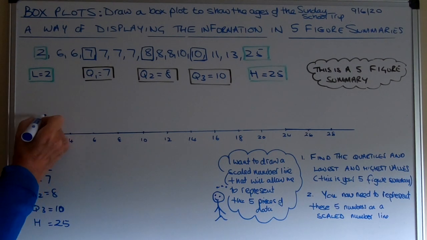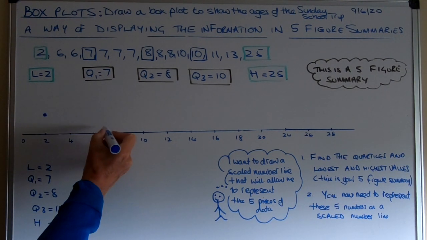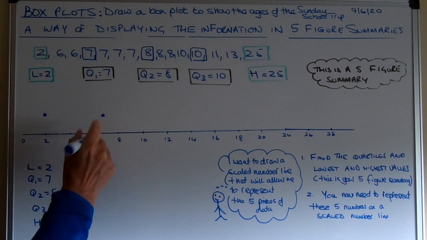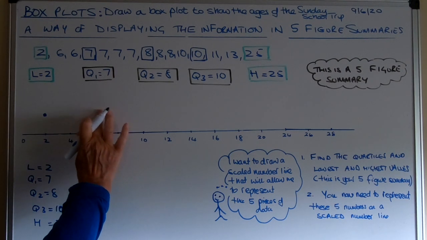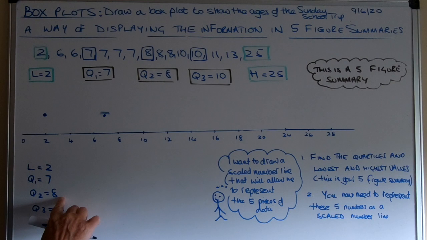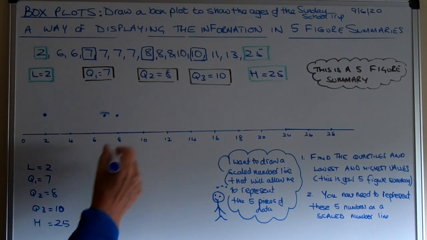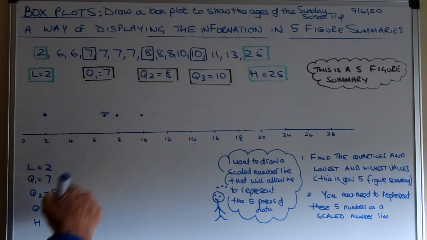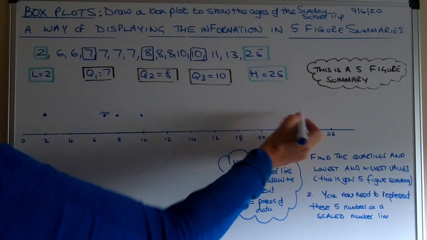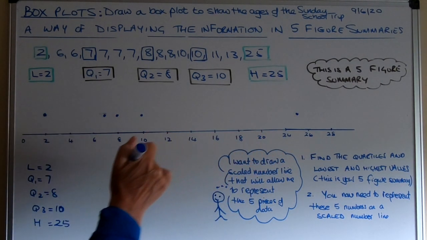So that's 2, I'm going to place up here. 7, now 7 would be in between 6 and 8. So I'll do it as accurately as I can. Q2 is 8, Q3 is 10, and H is equal to 25, so over here. And now I've got my 1, 2, 3, 4, 5-figure summary.